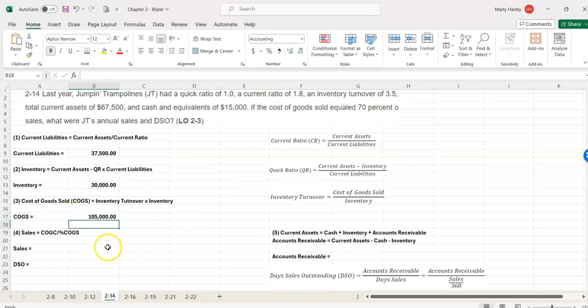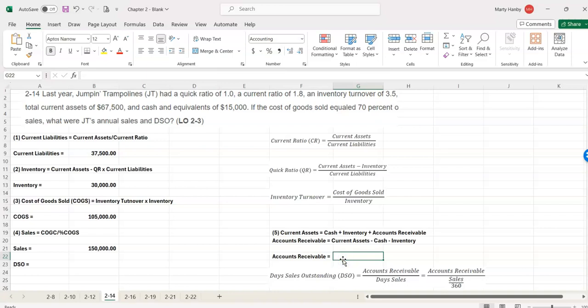Now for my sales, we have the percentage of cost of goods sold, which is 70% of sales. So if I divide the cost of goods sold by that 70%, it will give me sales. So equals cost of goods sold divided by 0.7. It's 150,000.